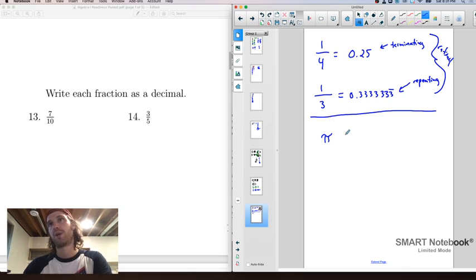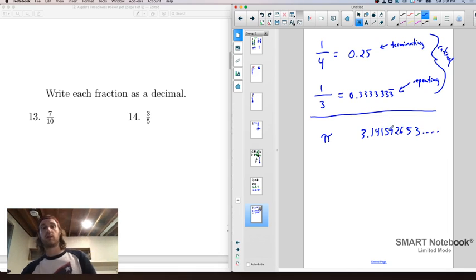So irrational is what we call that. That's 3.141592653, whatever. Okay, it goes on. There is no repeating pattern, and it's never going to terminate. So this is an irrational number. So these are the kinds of decimals that you can run into.